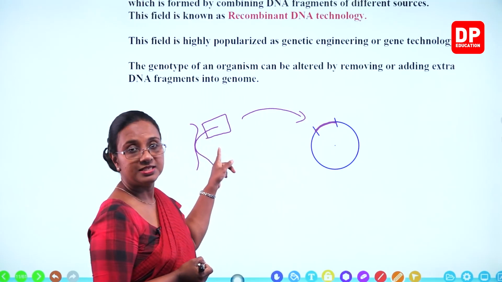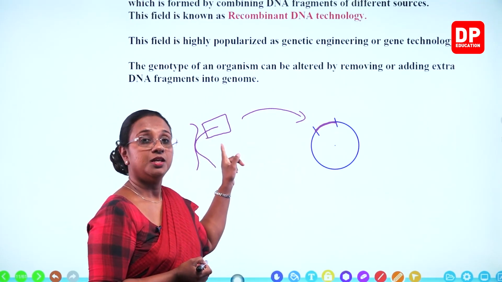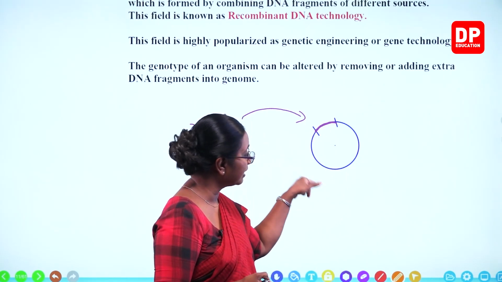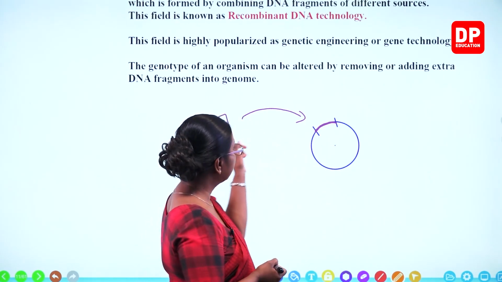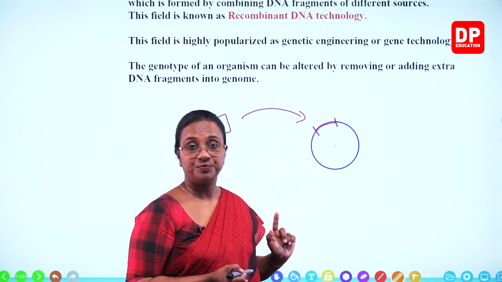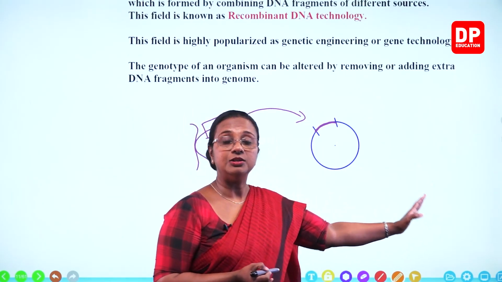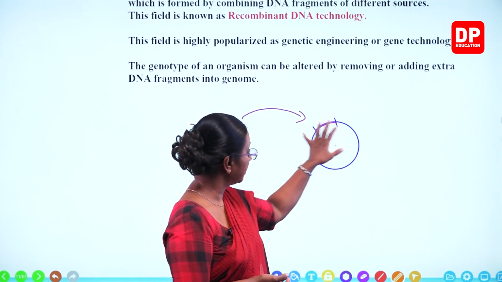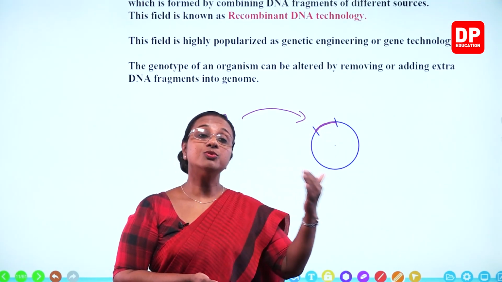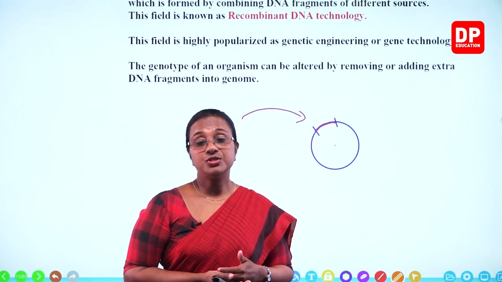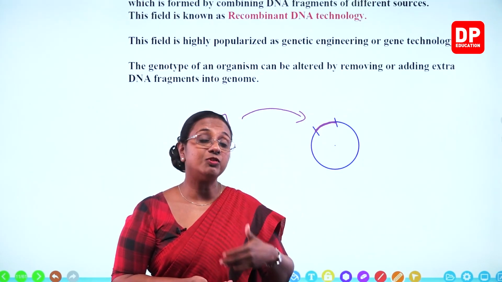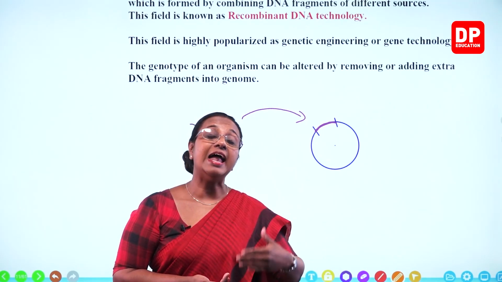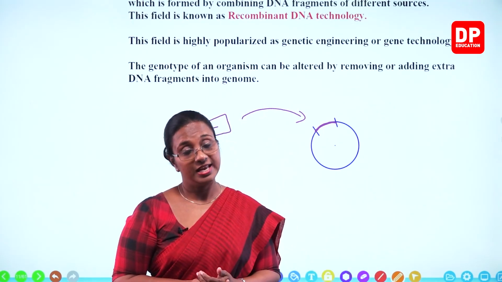You take that part from one chromosome, cut off a part from another chromosome, and insert this part. Then you let it multiply. This DNA is used to produce insulin. It is allowed to replicate, so many chromosomes are produced and they are used to produce insulin.